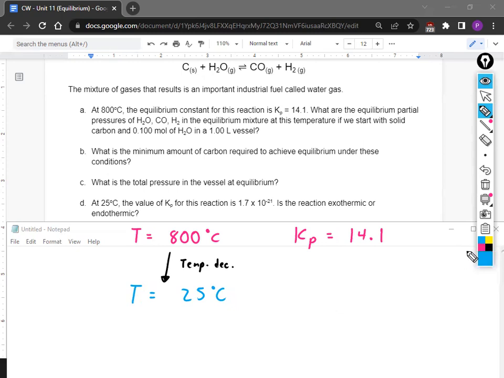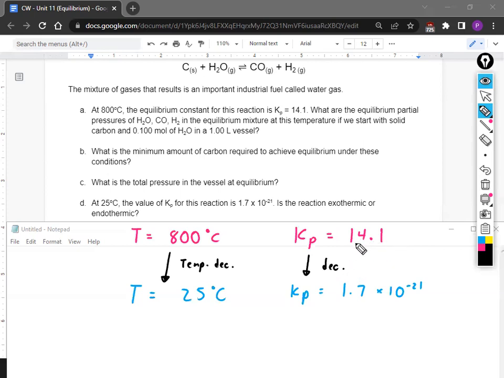The new equilibrium constant is 1.7 times 10 to the negative 21. So the Kp decreases a lot, right? Based on this information, we can think about what happened.